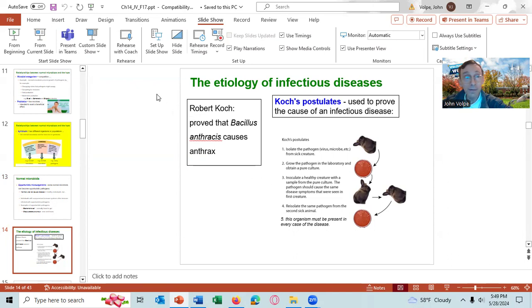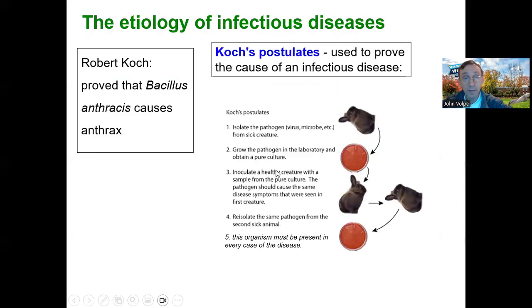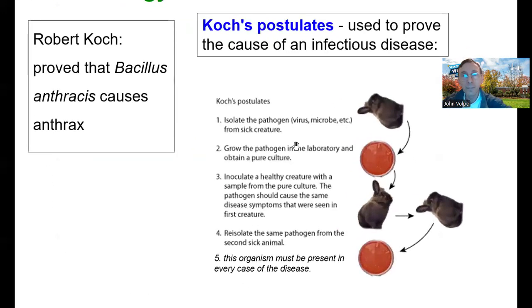And he decided to publish it because the steps that he used, let me see if I can blow that up, that's better, are used to show that a given microbe causes a given disease.